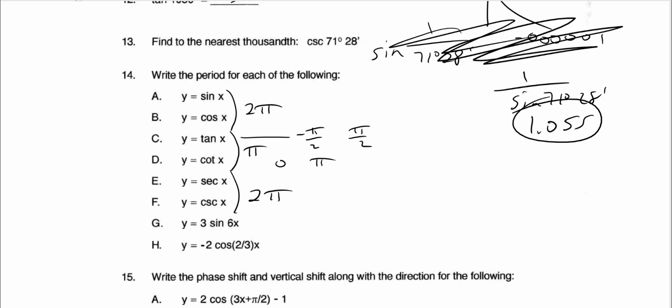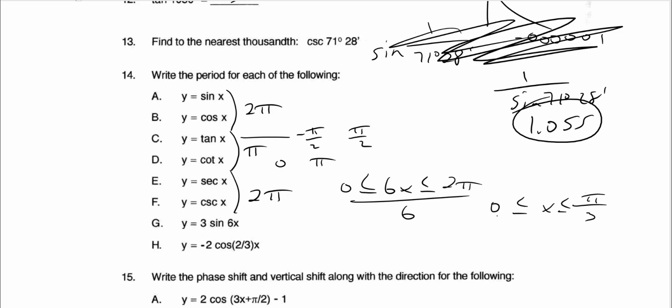Okay, so now if I ask you for the period for this one, remember that 3 is, of course, your amplitude, so I'm going to say 6x is between 0 and 2 pi. Divide by 6, so 0 is less than or equal to x, which is less than or equal to pi over 3, and so the period is pi over 3 minus 0, or just pi over 3.